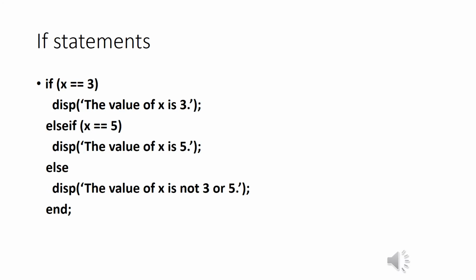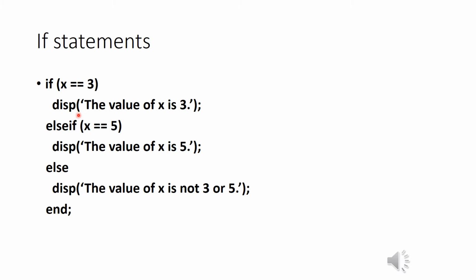Okay, here are some other examples of if statements. We have a keyword if, and then there is a condition. So x equal 3 means the condition is satisfied if x is equal to 3, and display. disp is another keyword for display, and the syntax is that we use brackets, and then anything we want to display, the string, goes here: the value of x is 3.